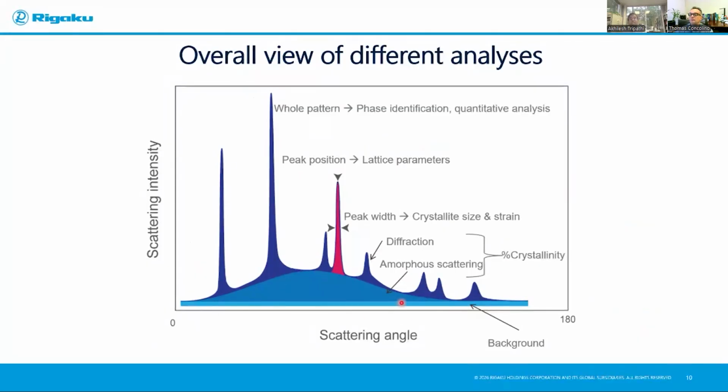If you take the integrated peak ratio of the 2, you can get the percent crystallinity of this material. If you take the width of the peak, popularly known as full width at half maximum, you get information about crystallite size and strain. Peak positions are very indicative of lattice parameter, and the pattern as a whole gives you information of phase identification and something what we will learn today, quantitative analysis.